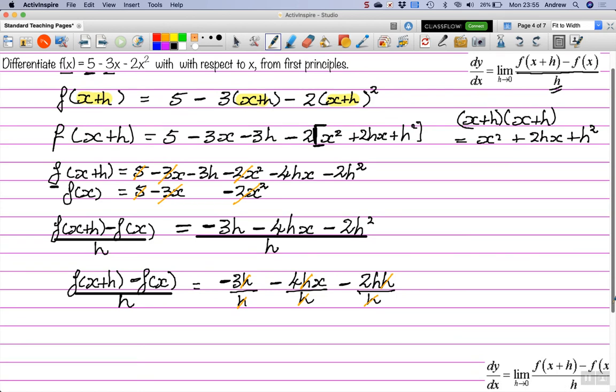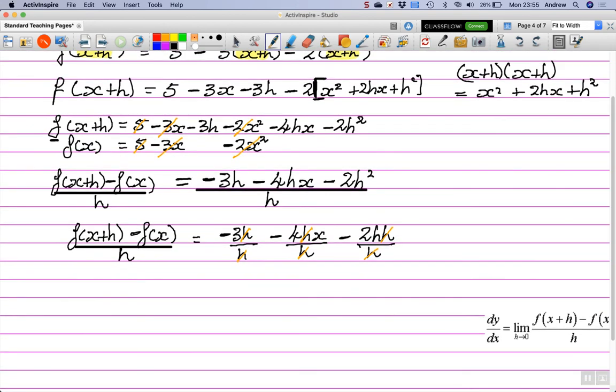And once again we have to do a bit of tidying up. So we've now got f of x plus h minus f of x all divided by h is equal to minus 3 minus 4x minus 2h.